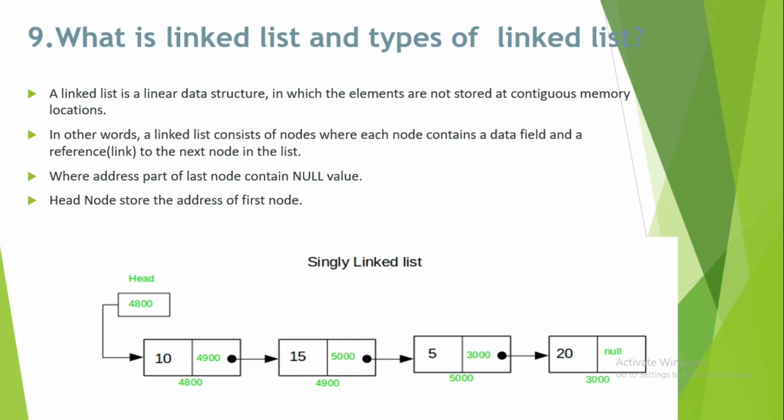First one is the data part, and second one is the link or reference part. The address part of the last node contains a null value, and the head node stores the address of the first node. As you can see in diagram, head node stores the address of first node, and the address part of the last node contains a null value.